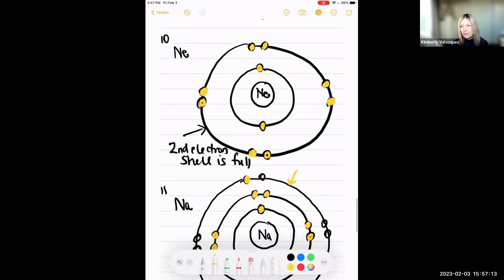Let's look at neon. How many does neon have in the outer electron shell? So the outer electron shell for neon would be the second shell, and it has 8. So neon has a full outer shell. So second shell is full. Another way of saying that is it has a full outer electron shell.